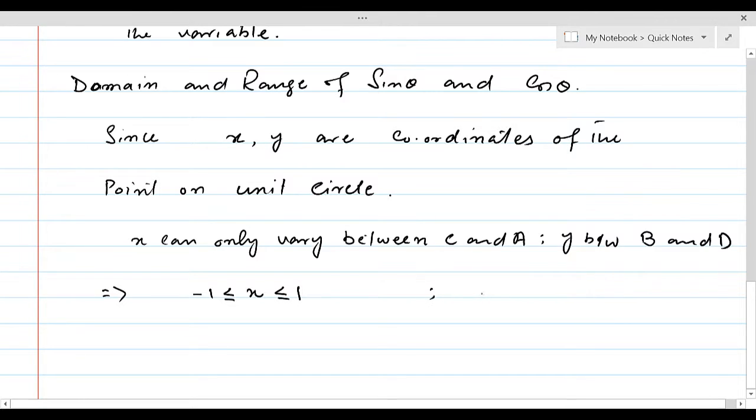And similarly, minus 1 is less or equal to y, and this is less or equal to plus 1.